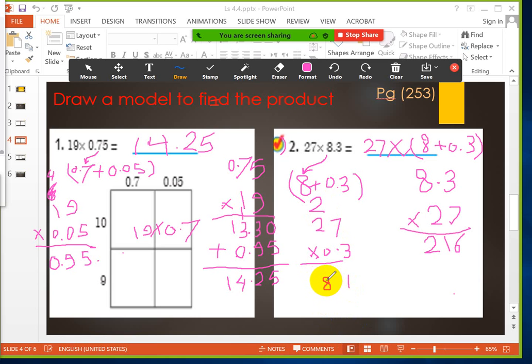Now I have to put the decimal point after one digit only. That means I will move the decimal point from here to here only one digit. That means the number becomes 8.1 tenth.